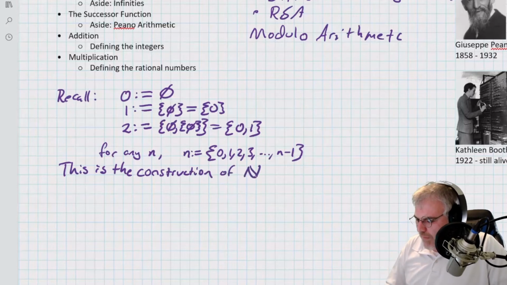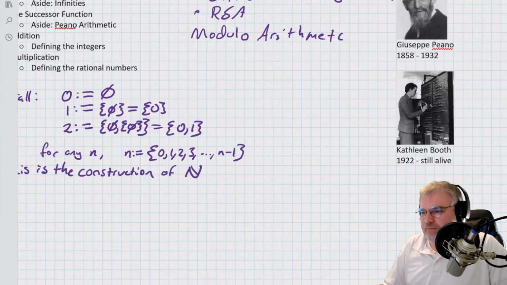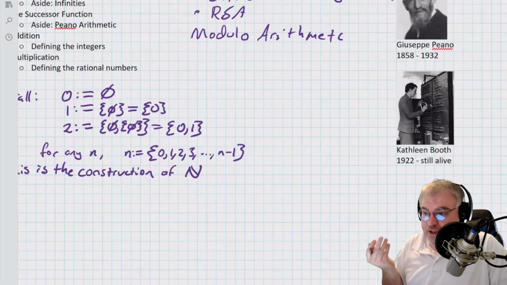Oh, by the way, someone had told me that there weren't enough women on the slides here. Well, the problem is that women weren't really allowed to be on the slides here until the 20th century. But one of the people who came up with the stuff that we're talking about today is Kathleen Booth, who basically invented assembly language. And she's still alive.